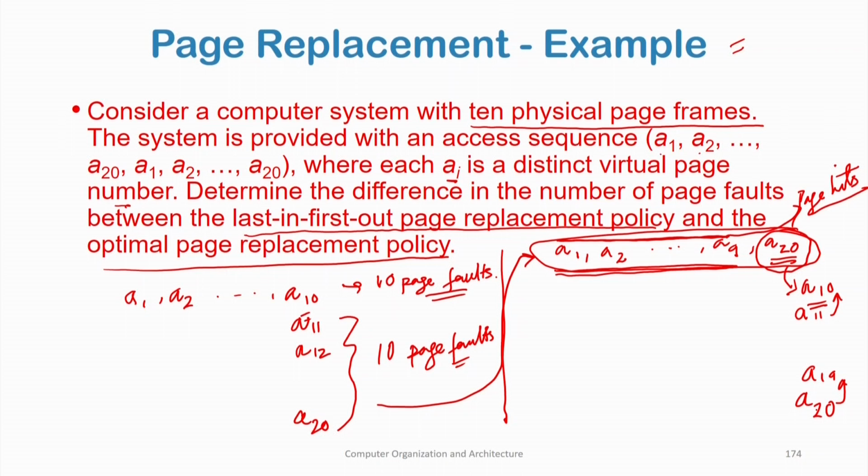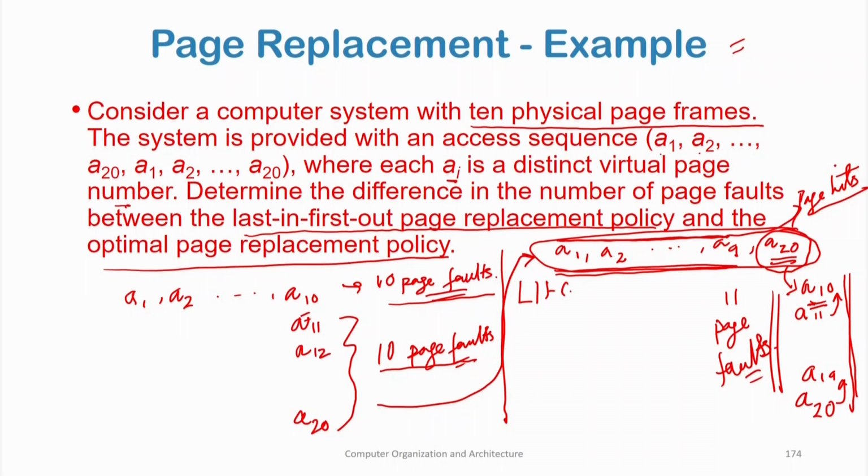These are 10 page faults, again these are 10 page faults, and then from A10 to A20 you will have 11 more page faults. So for the LIFO strategy, you will have 31 page faults.